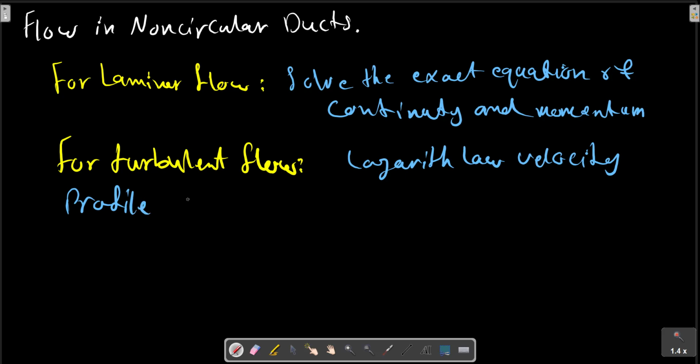Profile can be used, or the hydraulic diameter is an approximation. The hydraulic diameter conception.